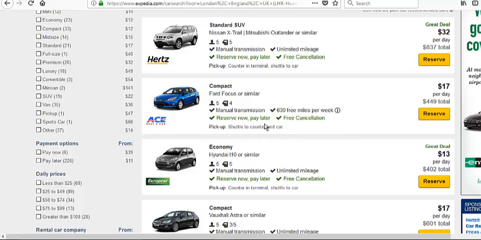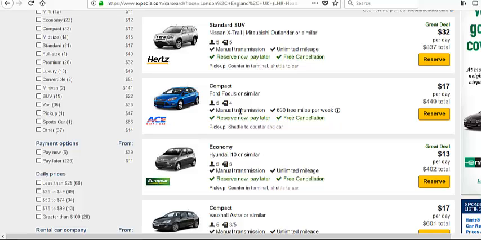And it has a manual transmission, which may scare you guys because you have to change with your left arm instead of your right. I don't use the standard anymore, but I've owned a standard for many years. It's amazing how much more it costs to get an automatic in Europe.